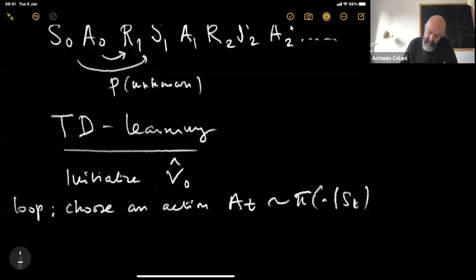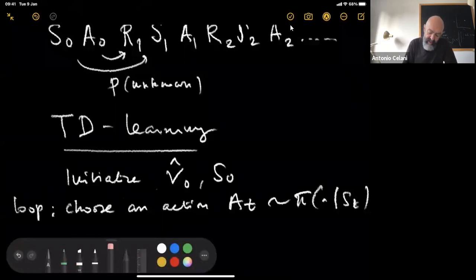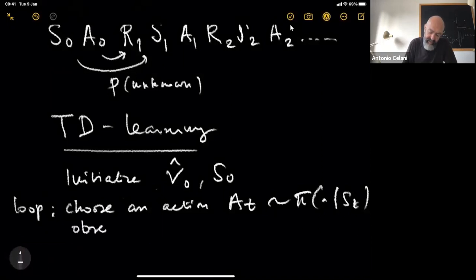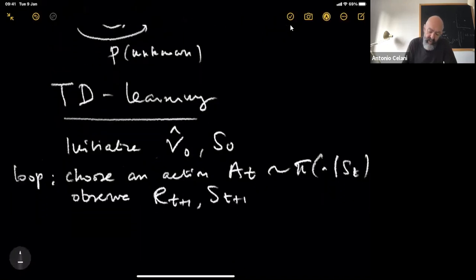The loop starts here, and you initially observe your initial state s naught. Then you pick an action a t according to your policy. As a result, you observe a reward and a new state.